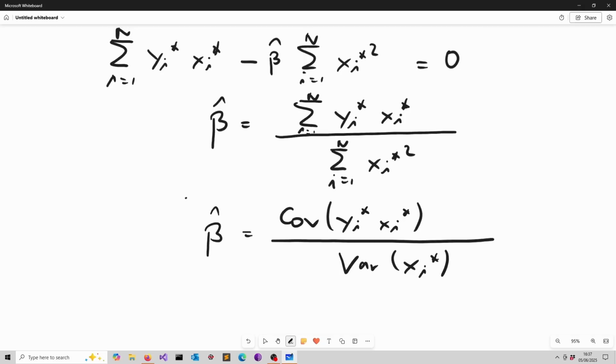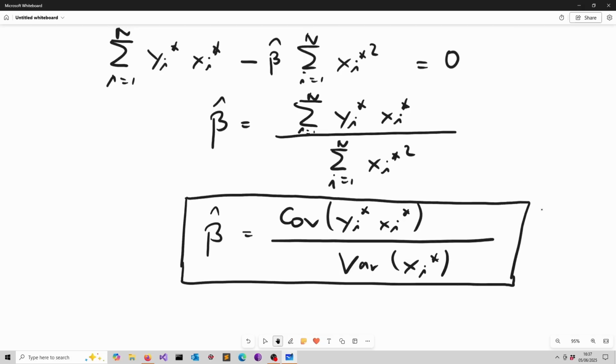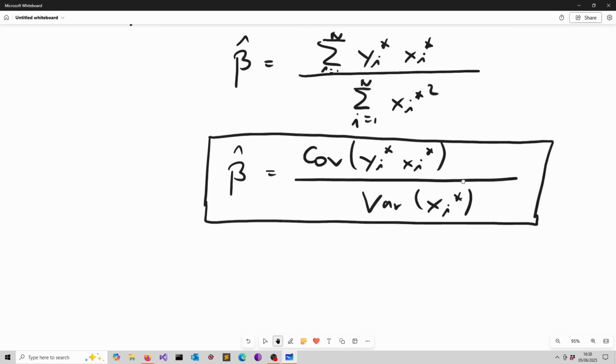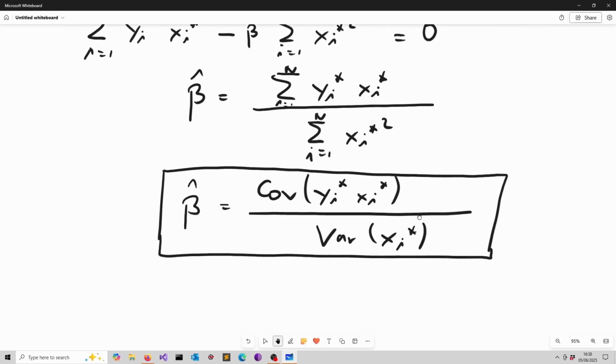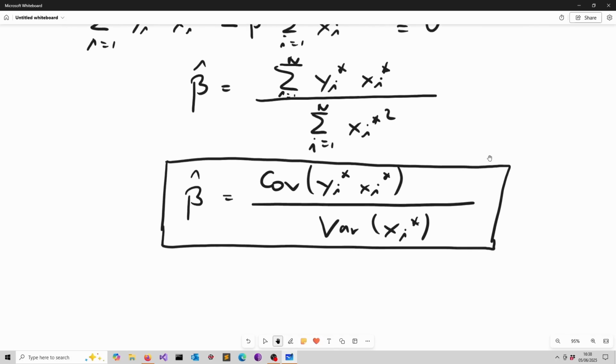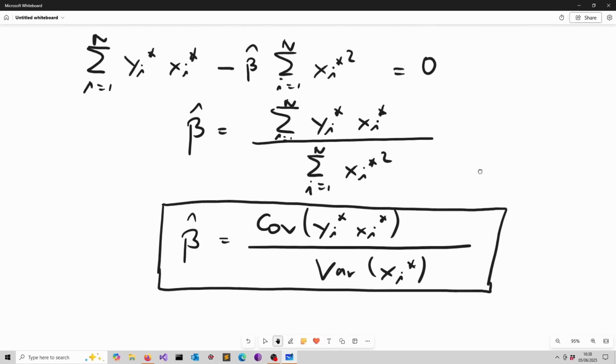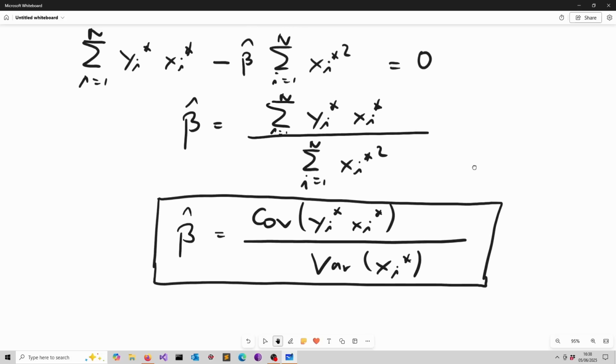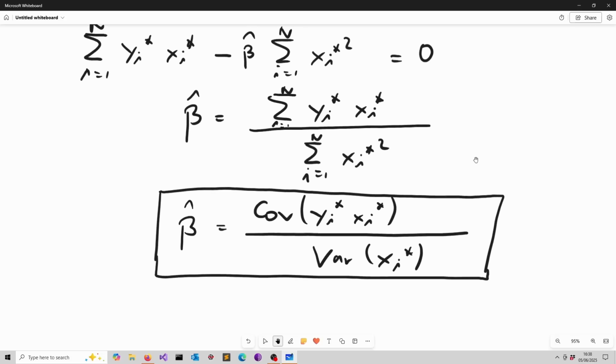So that's basically it. So this would be our estimate. And of course we notice that the covariance is related to a simple correlation coefficient. Yeah, so this is what we are looking at here, because at the end of the day, that's the relationship between correlations and regression models. Of course, have in mind we only have one explanatory variable in this particular case.